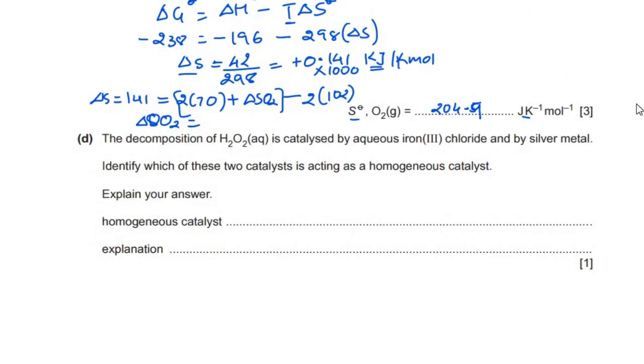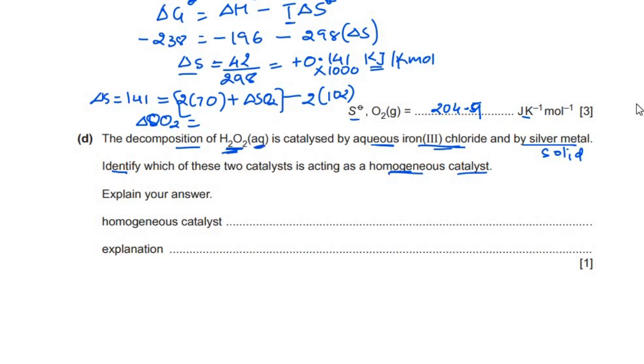Let's go ahead. It's written, the decomposition of hydrogen peroxide is catalyzed by aqueous iron 3 chloride and by silver metal. Identify which of these two catalysts is acting as a homogeneous catalyst. Now what is a homogeneous catalyst? A homogeneous catalyst is a catalyst which is in the same state as the reactant. Out of these two, iron 3 chloride is aqueous and silver metal is a solid. The reactant is hydrogen peroxide, which is again in aqueous state.